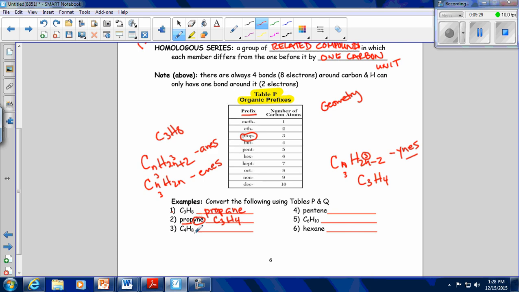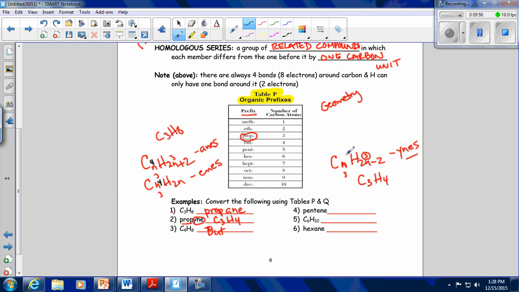The next one, we have C4H8. We know that if we have 4 carbons, we're dealing with but, so we're going to start with BUT. Now we need to figure out what type of ending we're going to have: an ANE, an ENE, or a YNE. So if we take the 4 and plug it in, it's going to make it a little messy, but it's certainly going to make our point.